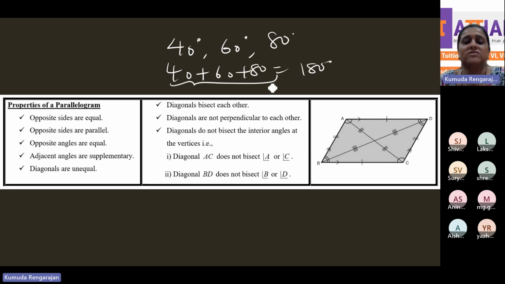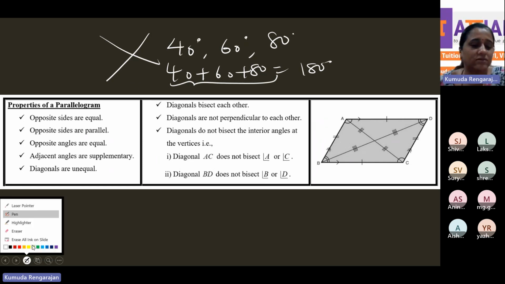Therefore, the three angles are supplementary. No. Supplementary angles and complementary angles is only about a pair of angles. Exactly two angles. Two angles are said to be supplementary if their sum is 180 degrees. Two angles are said to be complementary if their sum is 90 degrees. Exactly 2 angles.